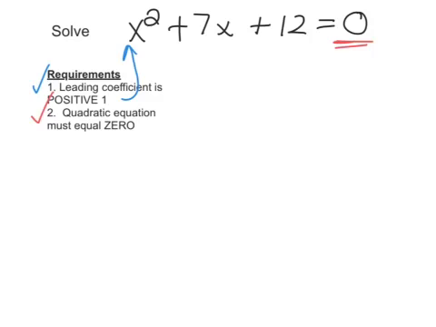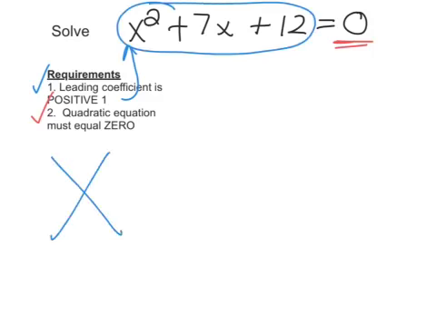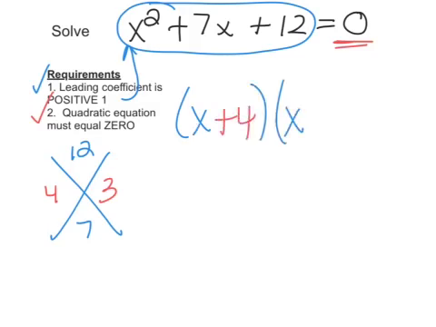We're going to take the quadratic part, and since the leading coefficient is 1, I'm asking myself what numbers multiply to positive 12 and add to positive 7, and of course those are the numbers 4 and 3. So my factors would be x plus 4 and x plus 3, and of course we know this is equal to 0.